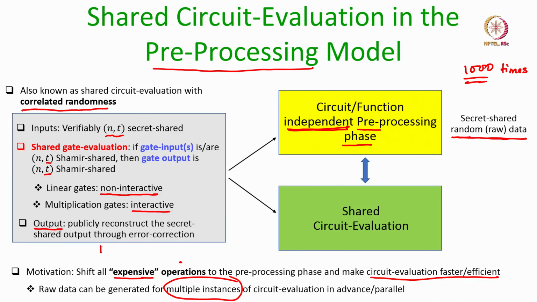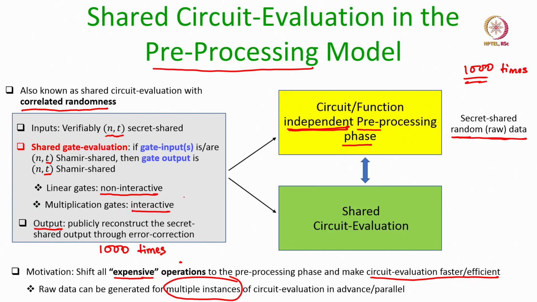Compare it with the scenario where if we follow the original BGW method to evaluate the same circuit 1000 times, then that 1000 time circuit evaluation will happen in sequence, in the sense that all the gates of the circuit will be evaluated in sequence, namely for evaluating the multiplication gates in the circuit, the degree reduction problem has to be solved in sequence one after the other.